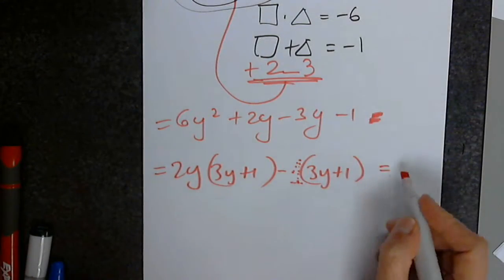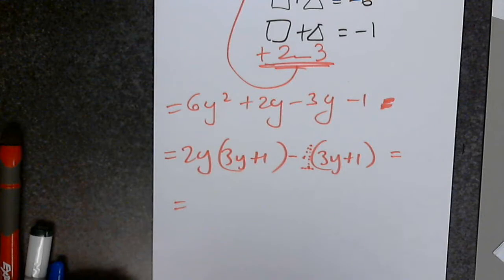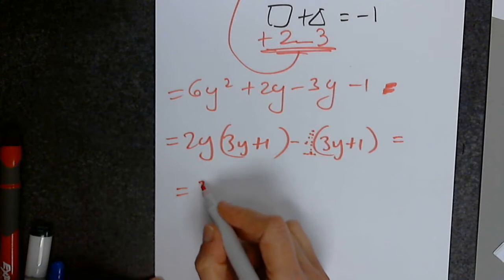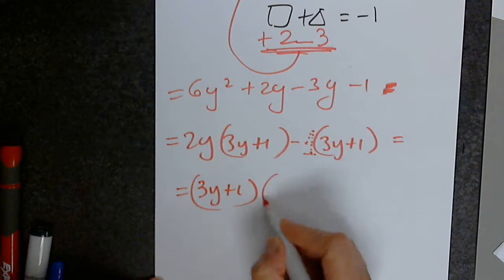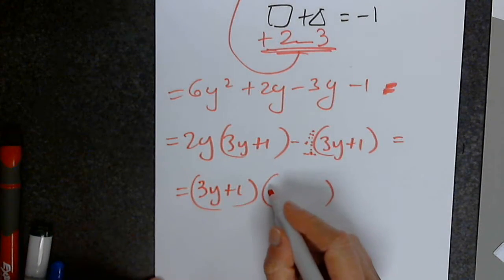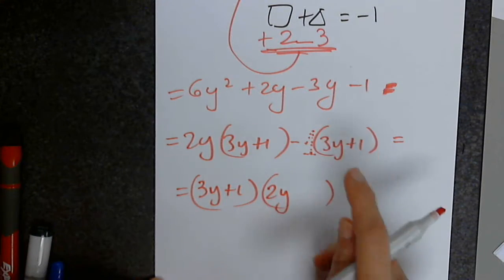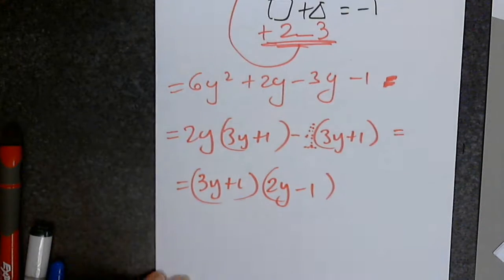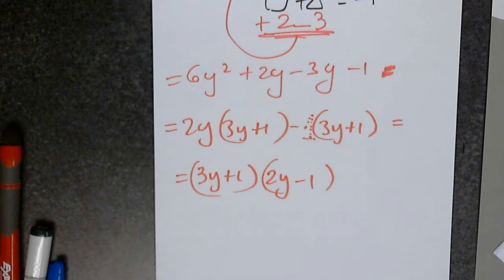Both terms have a common factor that has to be pulled out, which is 3y plus 1. Something is left from the first term, which is 2y. Something is left from the second term, which is negative 1. That's it. That's how we factor these trinomials with a leading coefficient that is not 1.